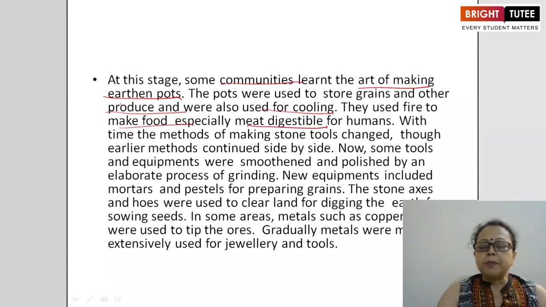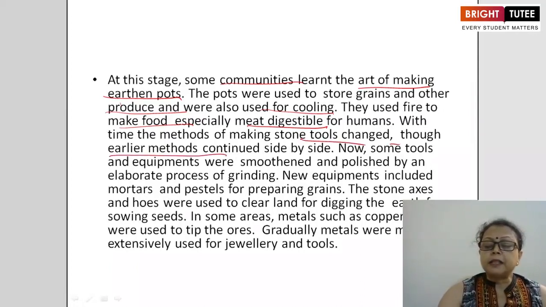With time, the methods of making stone tools changed. When we discuss inside the chapter, there is the Paleolithic age, Neolithic age, then Chalcolithic age, also known as the Copper age. So their gradual development started taking place. With time, methods of making stone tools changed, though earlier methods continued side by side.